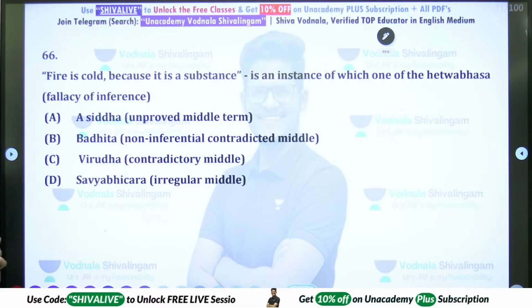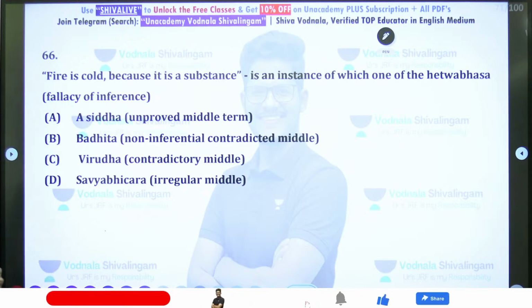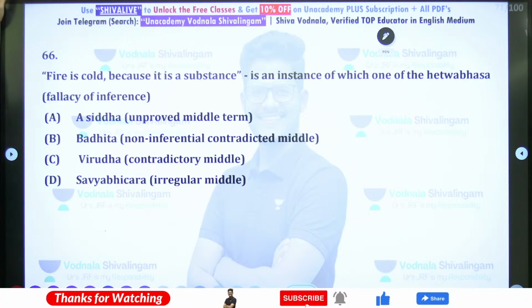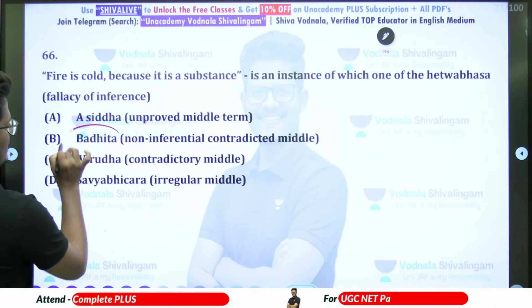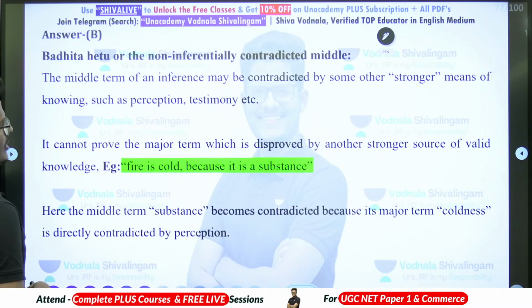Fire is cold because it is a substance. This is an instance of which of the following hetvabhasas, fallacy of inference? Badhita is the correct answer.